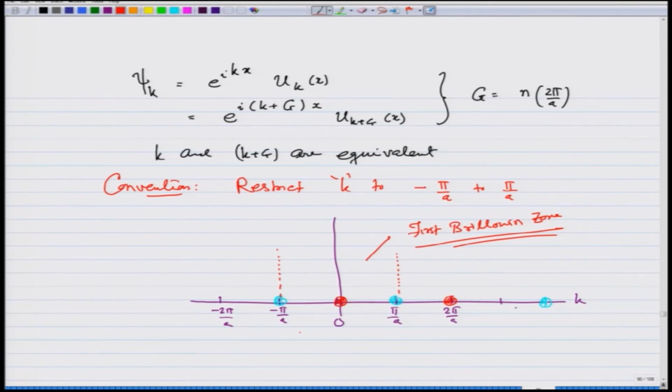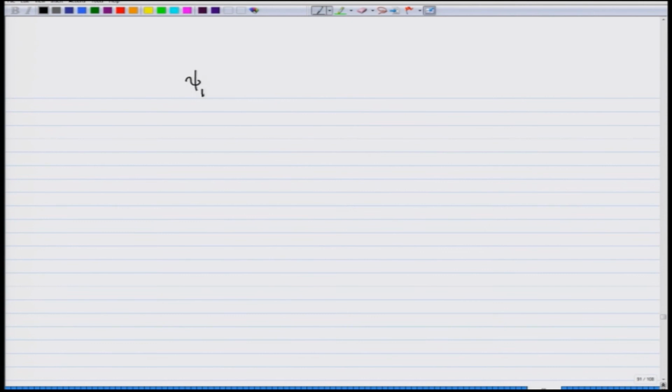Now, write the solution, because we wrote psi_k equals e^(ikx) u_k(x), and since u_k is periodic, we wrote this as e^(ikx) summation u_n e^(i g_n x), which I can write as summation u_n e^(i(k+g_n)x).